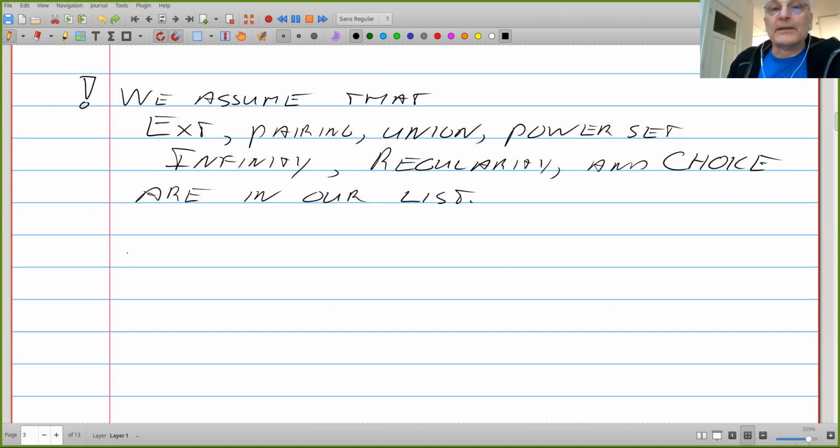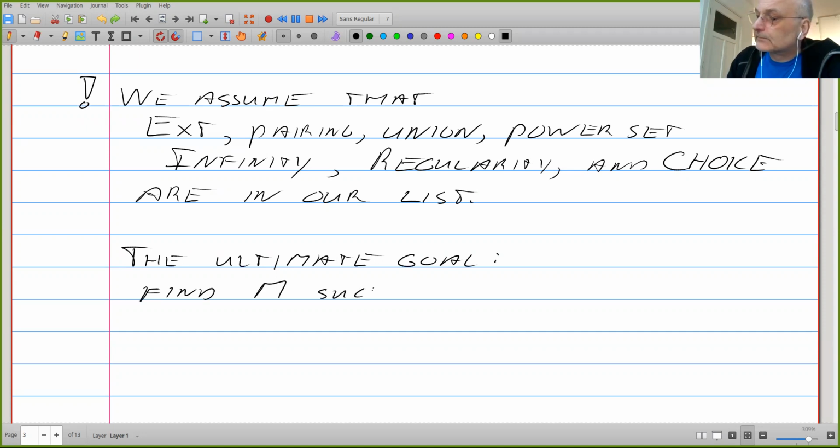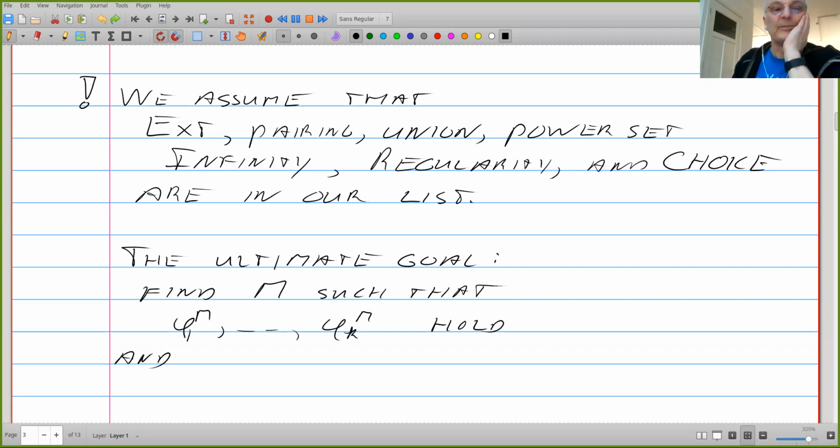Okay, so the ultimate goal will be, if we want to show that the continuum hypothesis cannot be proven, the ultimate goal for the next few weeks, well, we'll do a few more things later, I hope, but one of our goals will be to find an M where our axioms hold and where the M version of not CH holds as well.